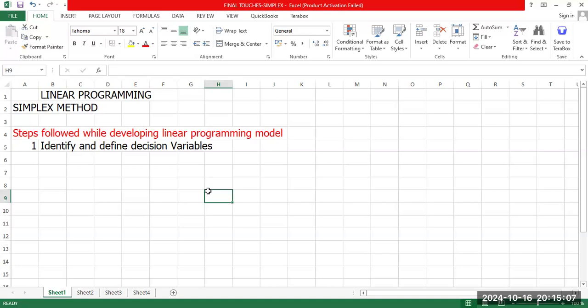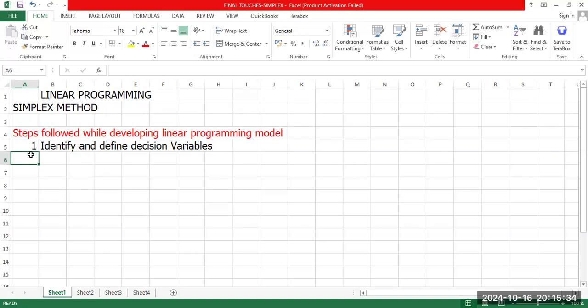If they are producing soap, you cannot keep on using the word soap. You just use one unknown letter to define that product. So you identify and define decision variables.